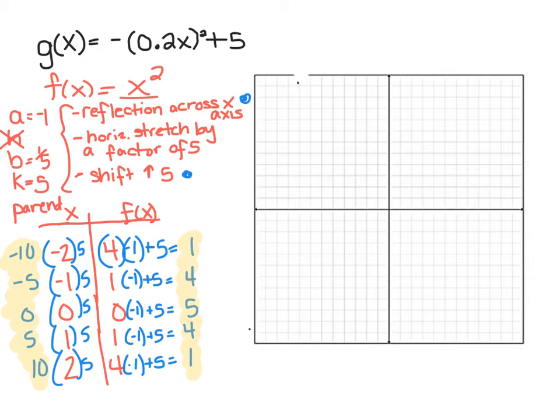So I'm going to go over the coordinate plane and graph these. So when I plot these, I'm going to connect this to make my parabola. So I can definitely see it's been reflected across the x. It's then shifted and definitely horizontally stretched out compared to the parent function of a quadratic.